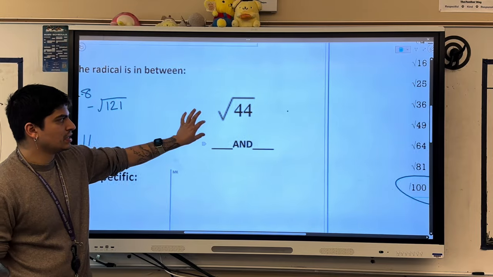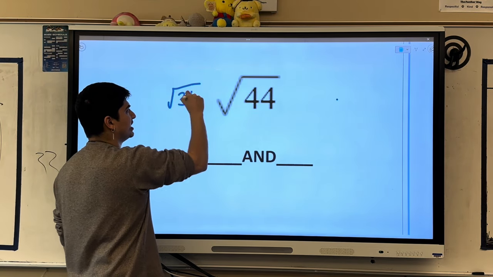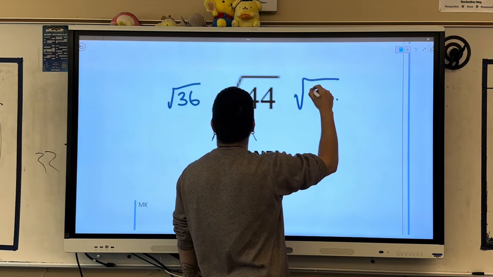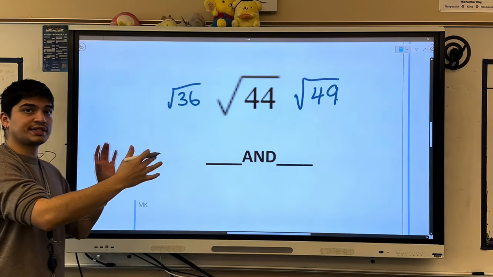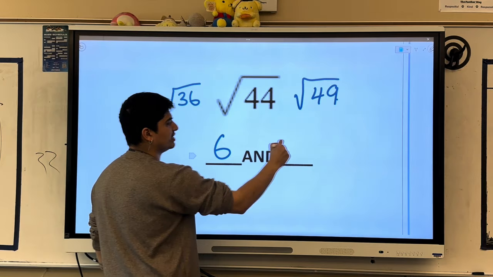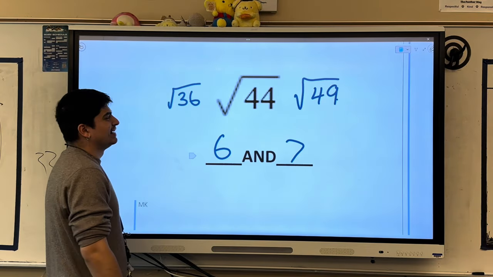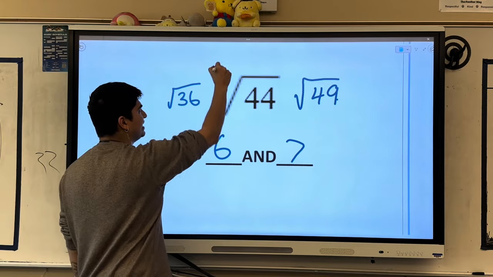On this one, again, I got the square root of 44. That is in between the square root of 36 and the square root of 49. Those are my two perfect squares that I'm in between. So the answer is between 6 and 7. From 36 to 44, that would be 8 numbers.